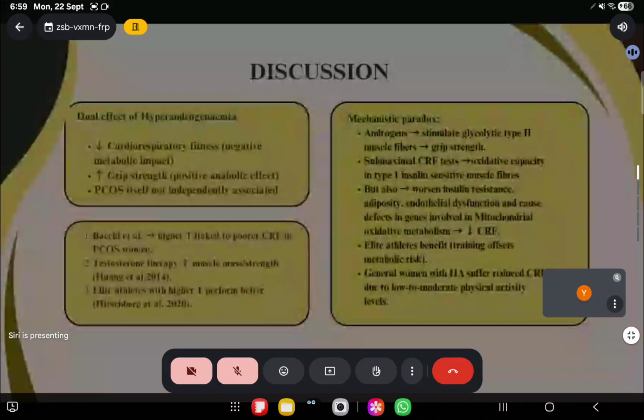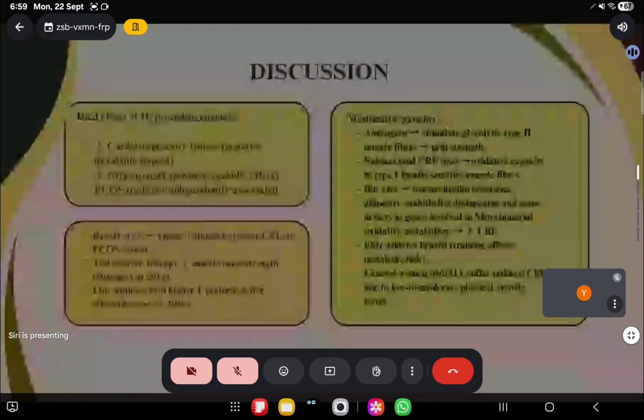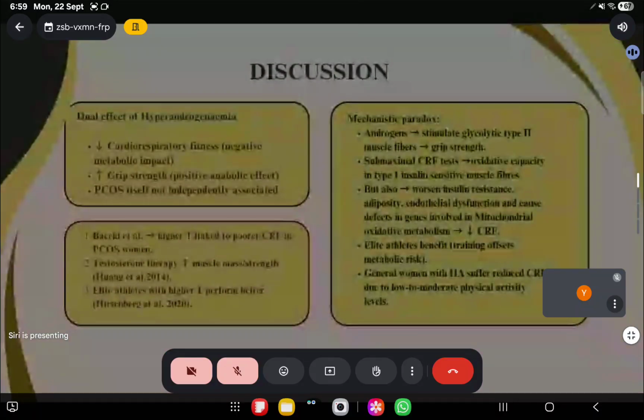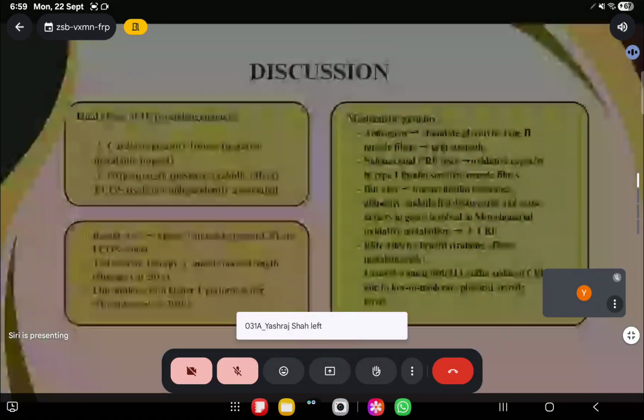However, PCOS was not independently associated, because there was no difference in women with and without PCOS in either heart rate or grip strength. Comparing it with the previous literature by Bachi et al., the study showed that an increase in testosterone levels was also linked to poorer cardiorespiratory fitness in women with PCOS. And this backed up our study.